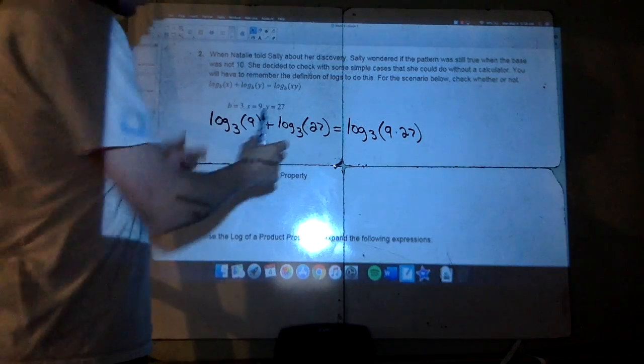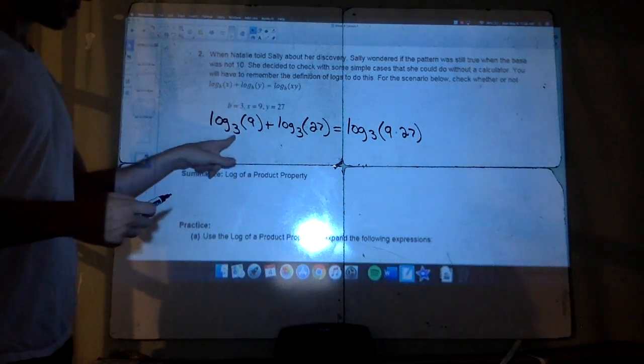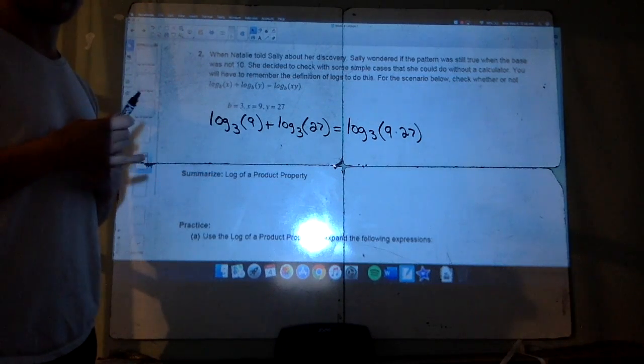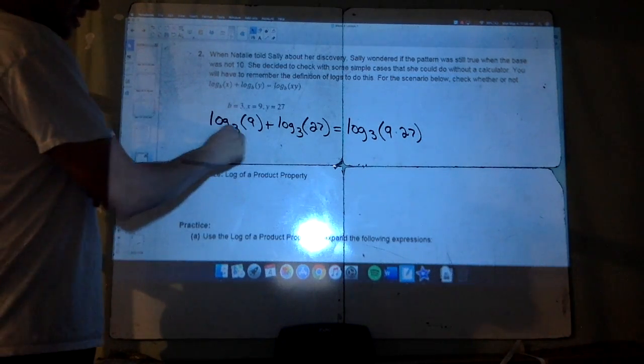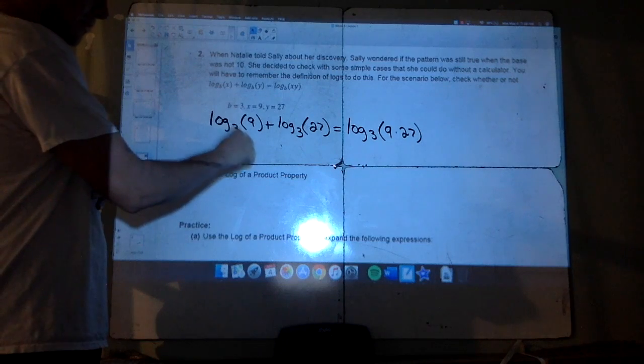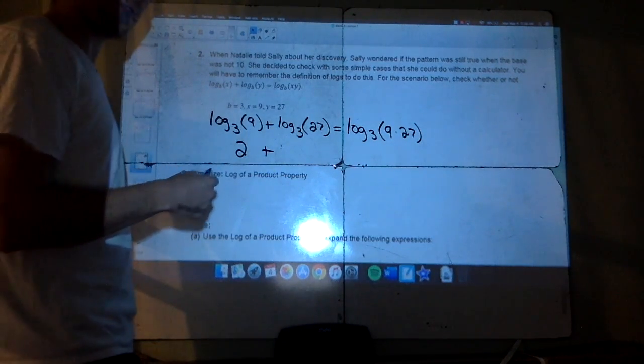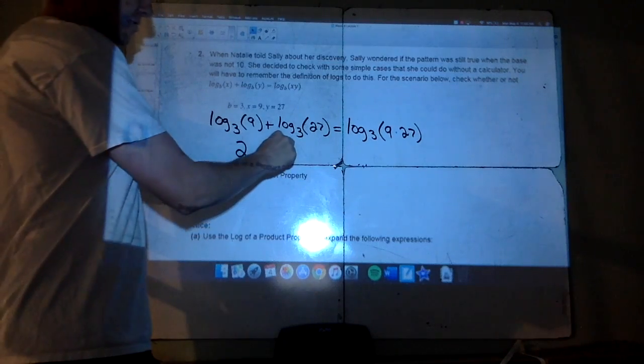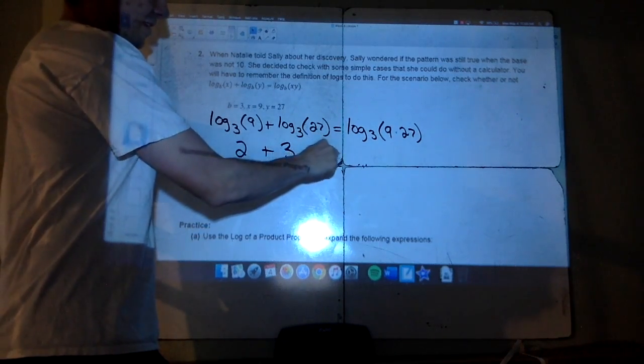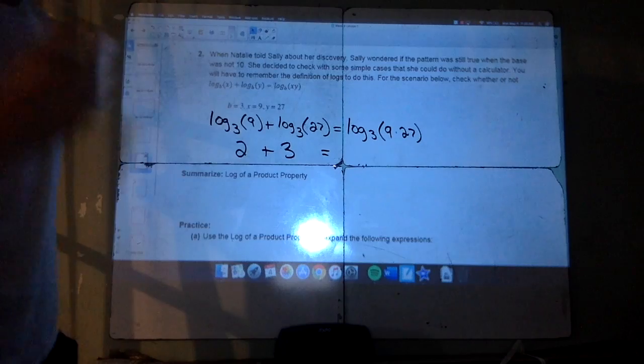So first we're going to just deal with the left side. So 3 to what power is 9? So this can just simplify to 2. 3 to what power is 27? 3 to the third power is 27. And then we're going to do 9 times 27.